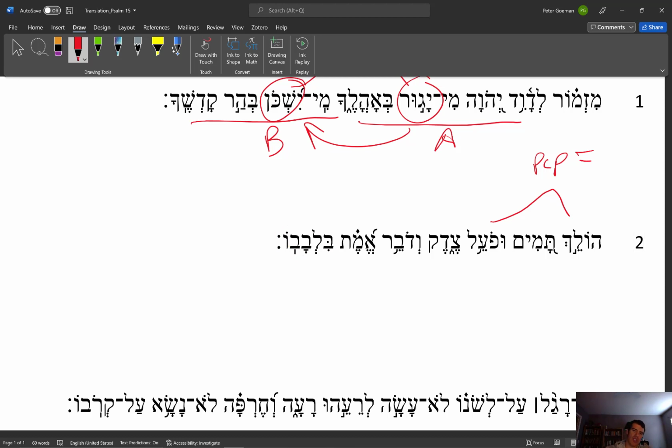In other words, it's not just something that is spoken but doesn't have meaning, but it actually comes from who this individual is. In his heart, he speaks truth. So what he says coincides with who he is on the inside. Truth meets his soul, as it were. So the one who walks blamelessly, the one who does righteousness, and the one who speaks truth in his heart.